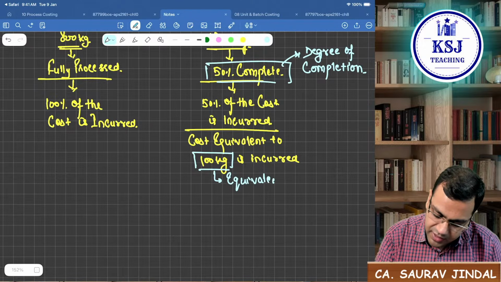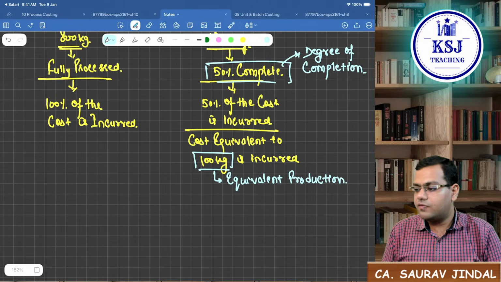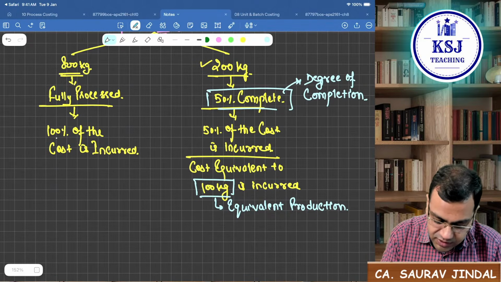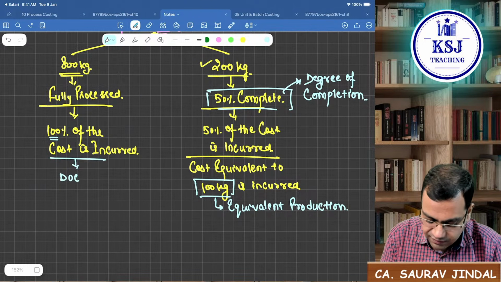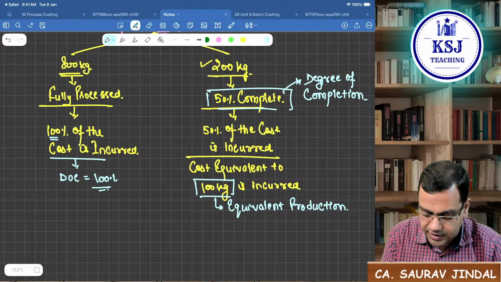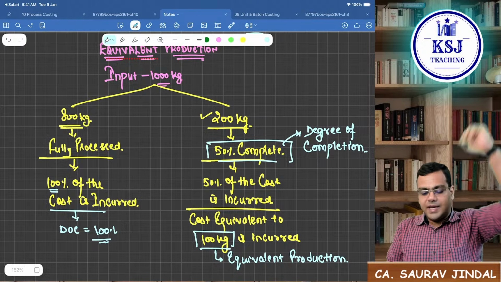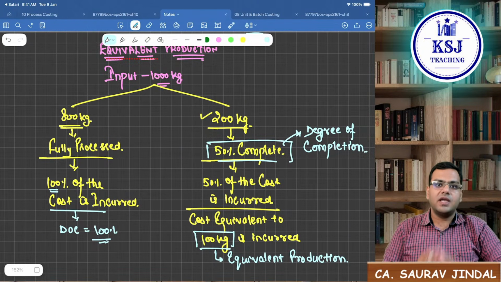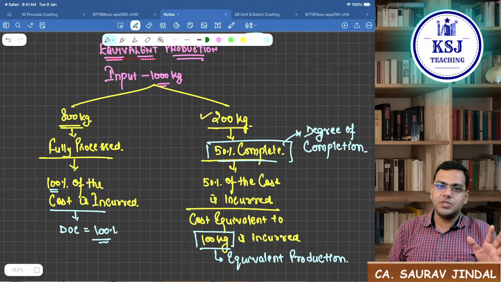For the fully processed goods, 100% cost incurred, the degree of completion will be 100%. So degree of completion for the finished goods, that means the goods which are fully processed, is 100%.